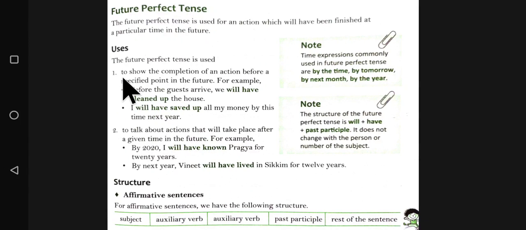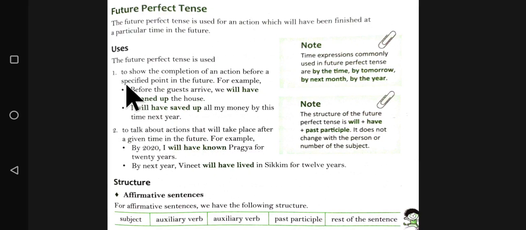The first use: future perfect tense is used to show the completion of an action before a specified point in the future. In other words, it shows an action that will be completed in the future before a particular time.